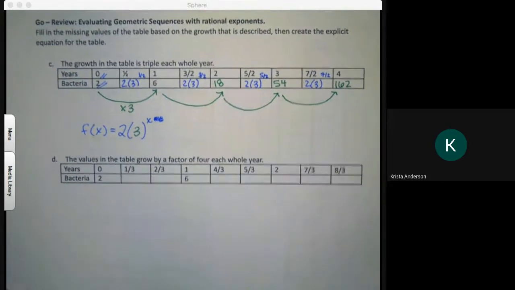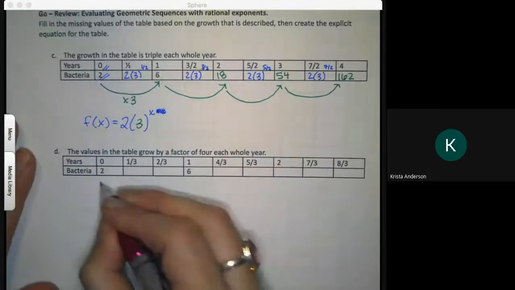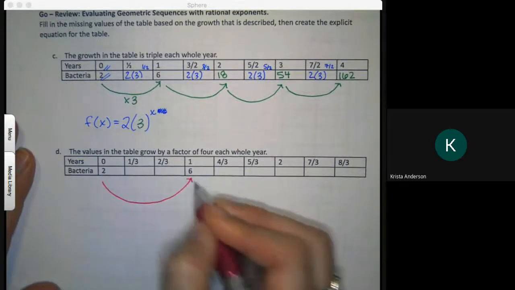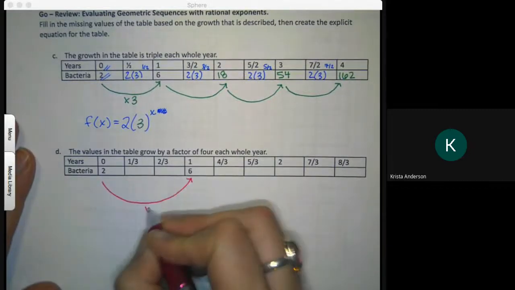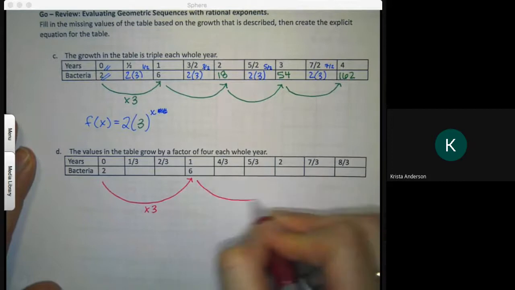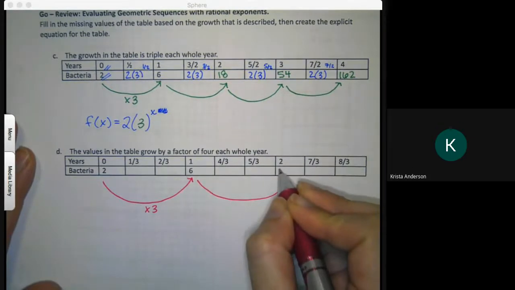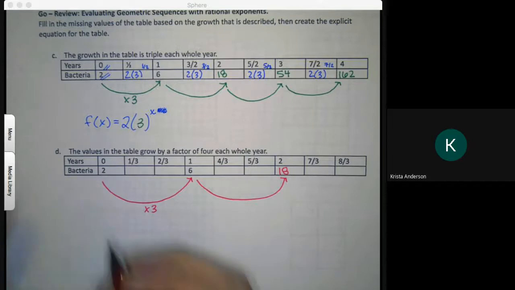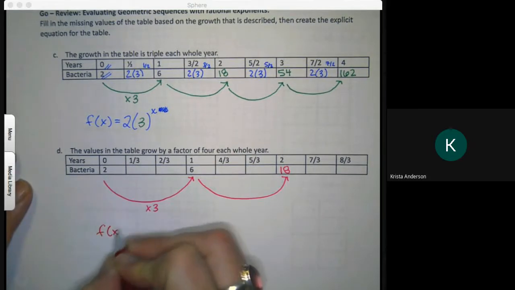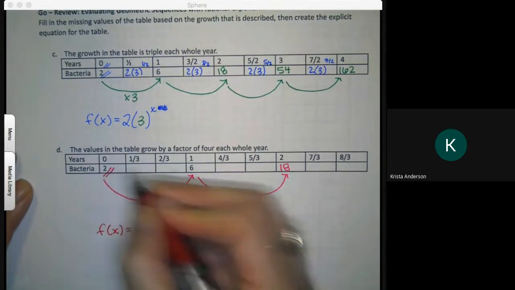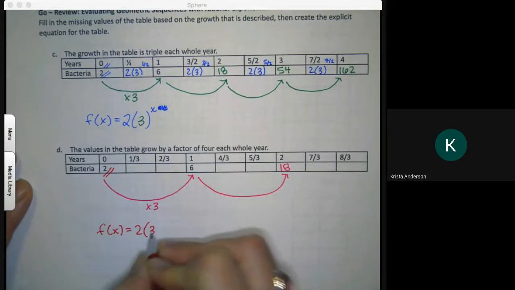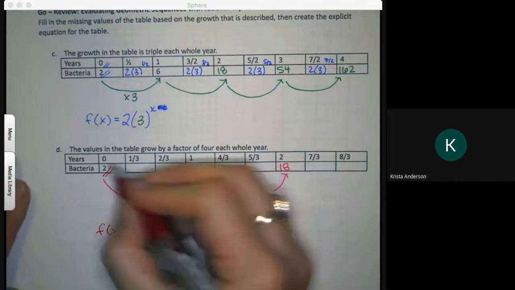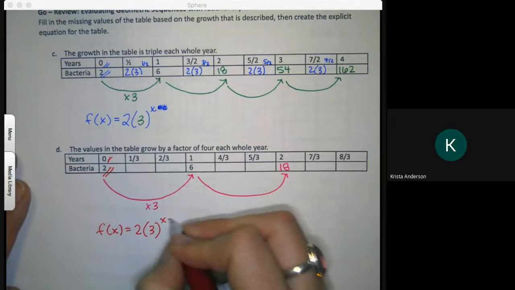Last one. I'm going from 2 to 6. All that jump from the whole number, that's times by 3, which means the next whole number would be 18, and there's no other whole numbers available. My function would equal, start with 2 times by 3, looks familiar, x minus 0.